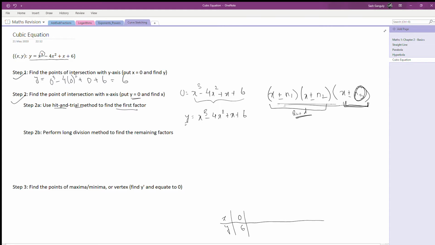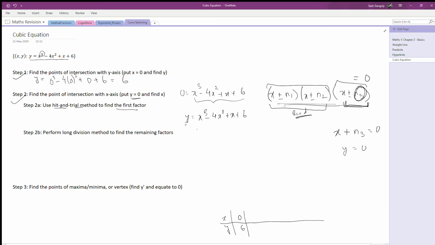So if any of these factors is equal to 0, let's say x plus n3 comes out to be 0, then that would make this entire thing equal to 0, because 0 times this quadratic is 0. So my y will eventually be 0. I'm just using that logic over here.